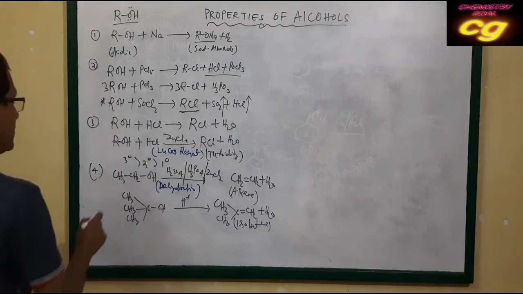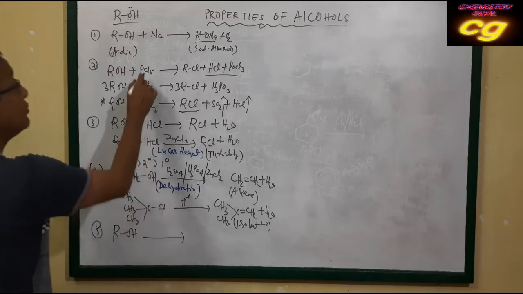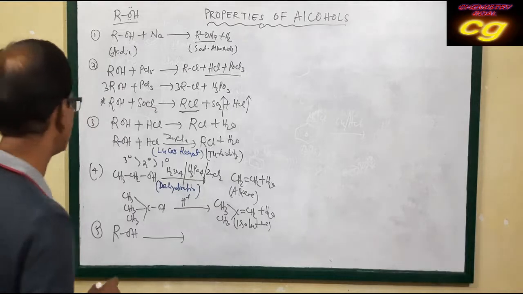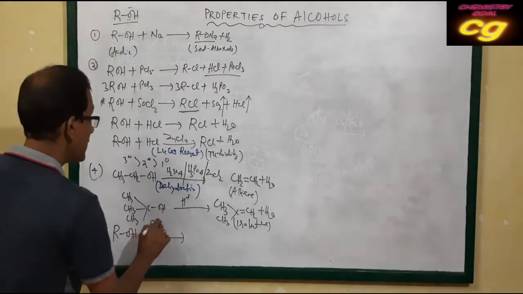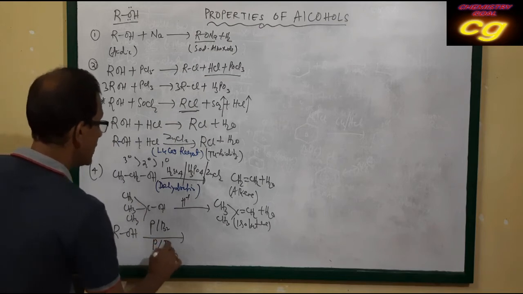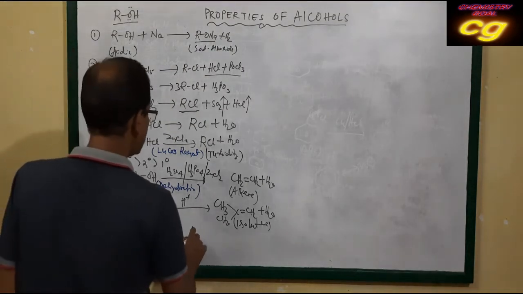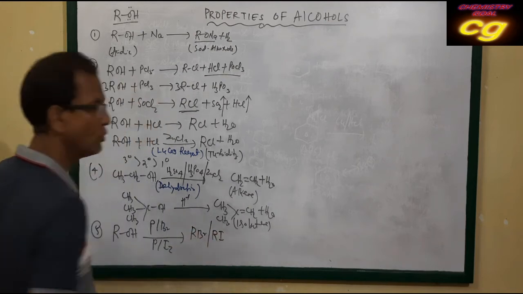Here you can write alcohol reacts with... we cannot use PBr3, PI3 or PI5 because they are unstable. In that case, you have to use red phosphorus and bromine, or red phosphorus and iodine, and the result will be R-Br or R-I.